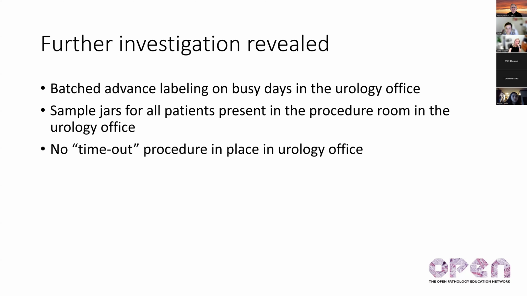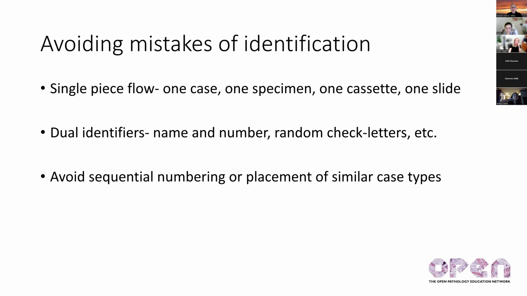A number of things that can also be thought of as ways of avoiding these mistakes of identification are also highlighted in this process. So that single piece flow of just doing one specimen at a time is very important, that you only have one specimen jar open at a time, one cassette, et cetera, group open at a time, and you're only handling one slide case or one block at a time.